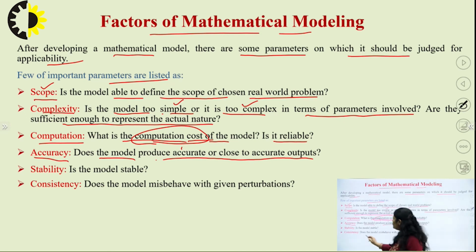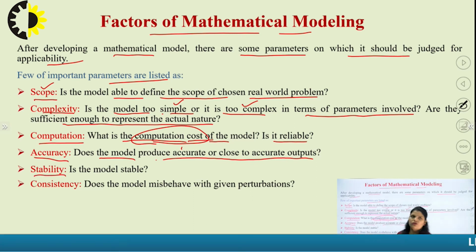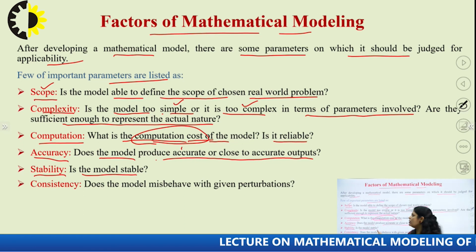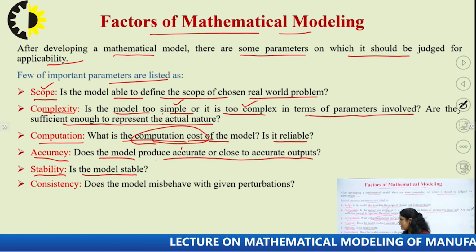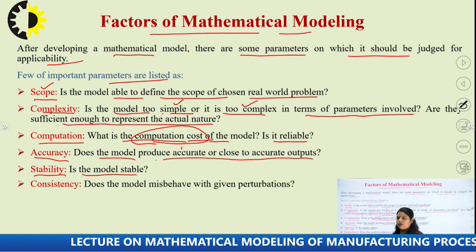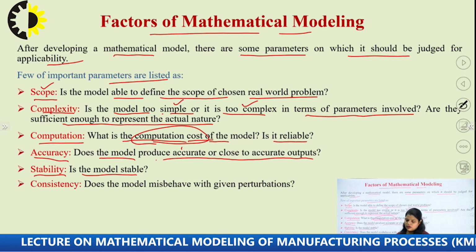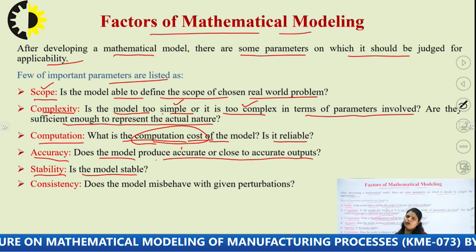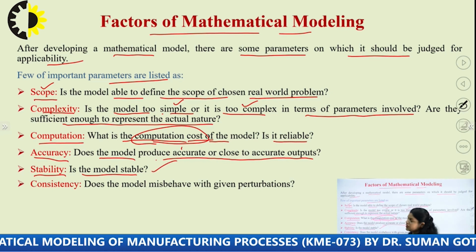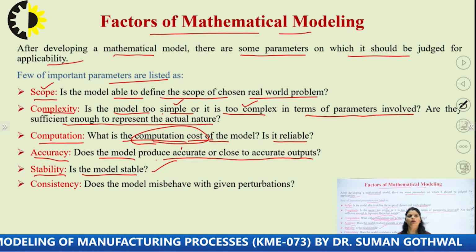Then we come to the stability. Stability is basically the state or quality of being steady, meaning not changing. We will check here whether our model is stable or not. It should not happen that on changing one parameter the complete mathematical model changes.